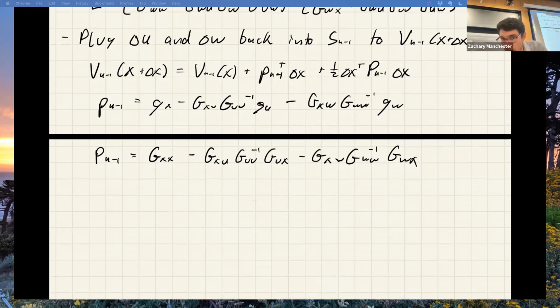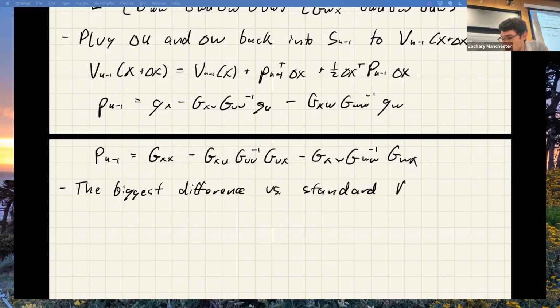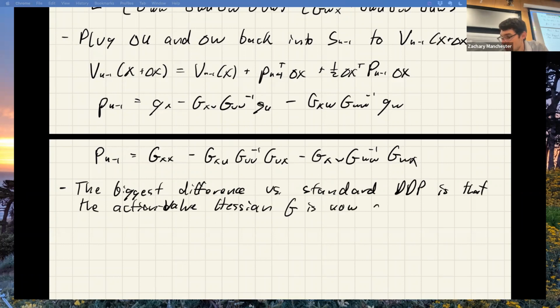Okay, so a few comments. The biggest difference versus standard DDP that we've seen before is that the action value Hessian is no longer positive definite. It's what we call quasi-definite. So it's got a known number of positive and negative eigenvalues.